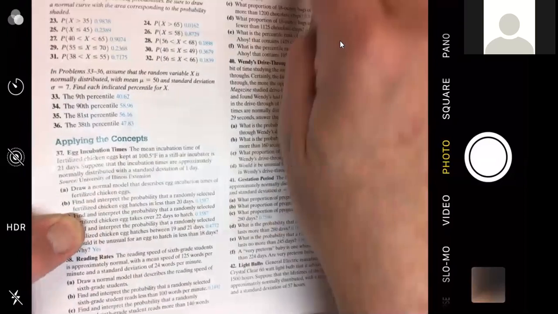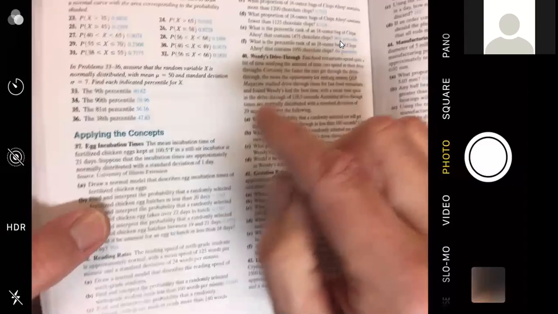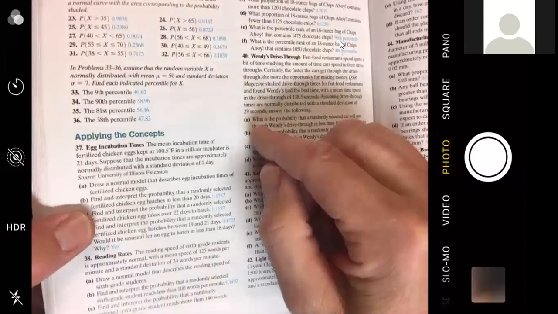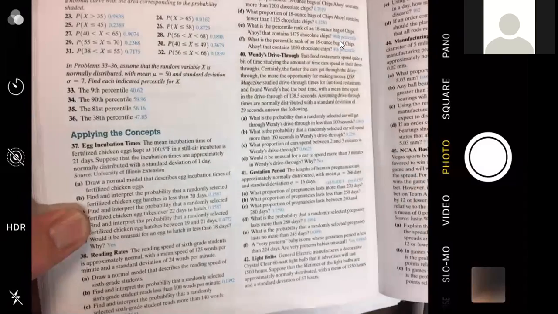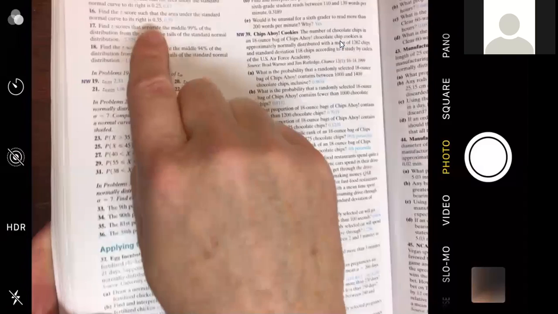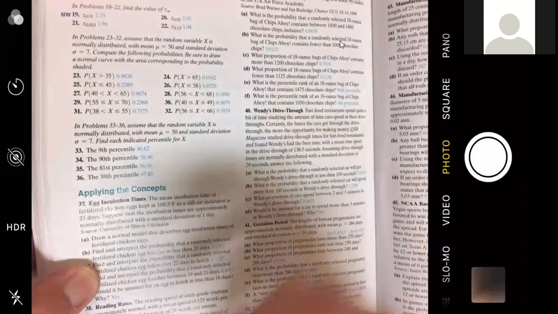They give you a bunch of situations and they want you to find probability. It's kind of a couple steps in front of what we did on the previous page up here using the exact table. We're going to show you how to draw the picture, set this up, and then bring the table into it.